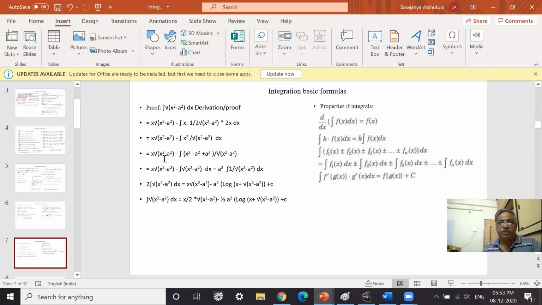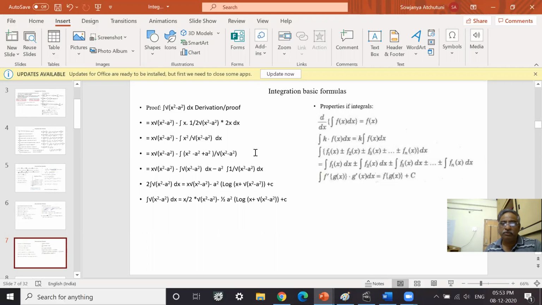Again, x root x square minus a square minus the integration of, I am writing x square as x square minus a square plus a square. So the a squares cancel and x square remains. The root gets cancelled, so the top root will remain, minus a square into dx by root of x square minus a square.